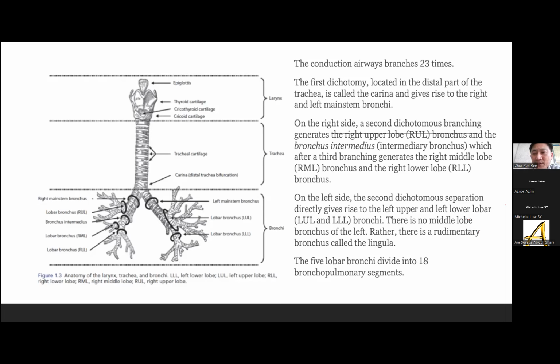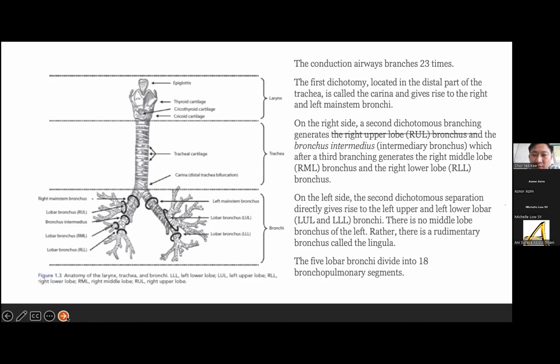So if we fix the flow rate around 5 to 8, the vapor size will be small enough that it will deposit maximally at the terminal bronchial area. That's very important.